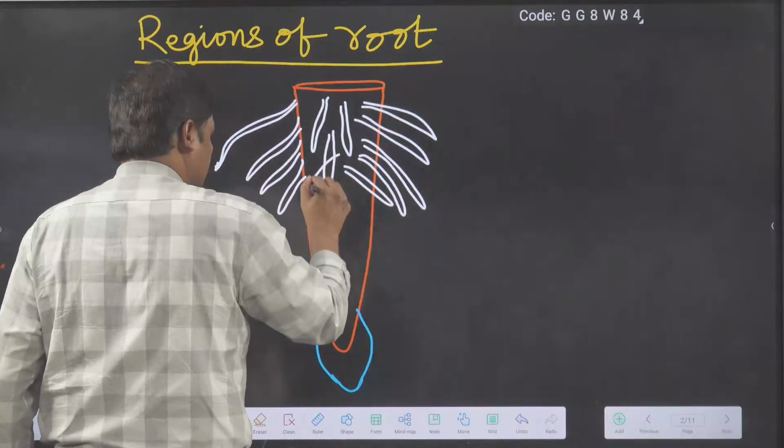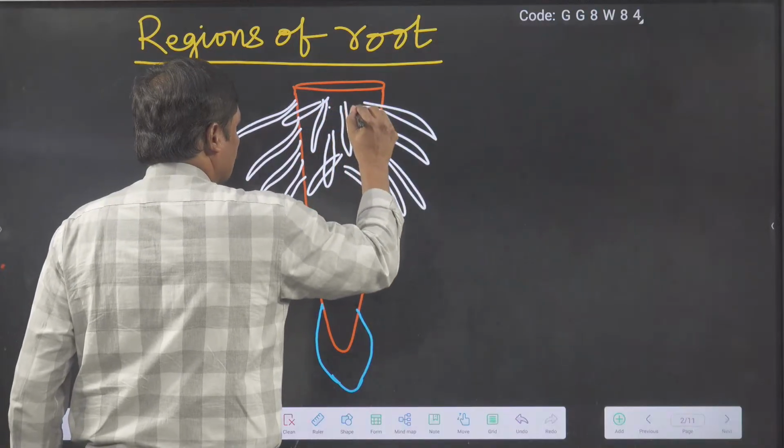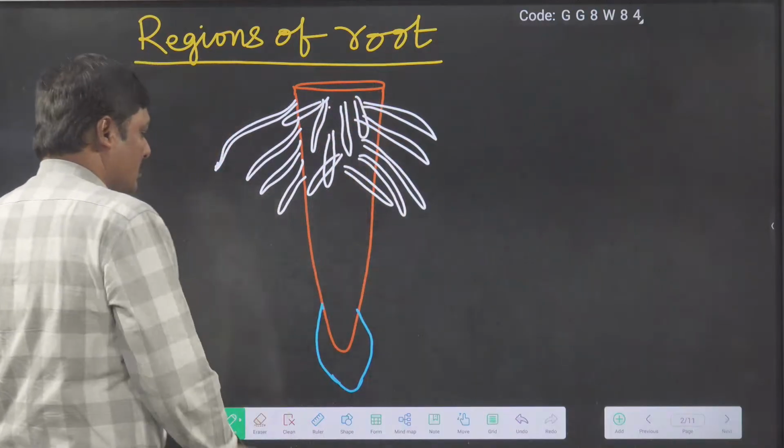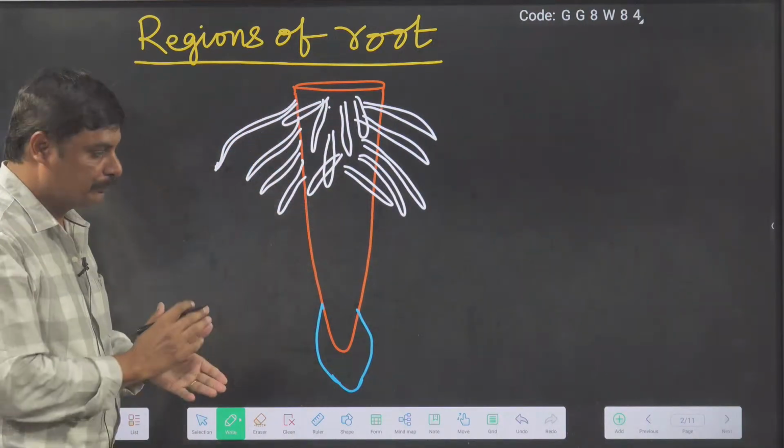See, all of you, this is a typical root.